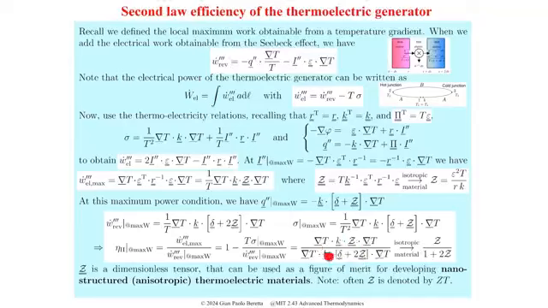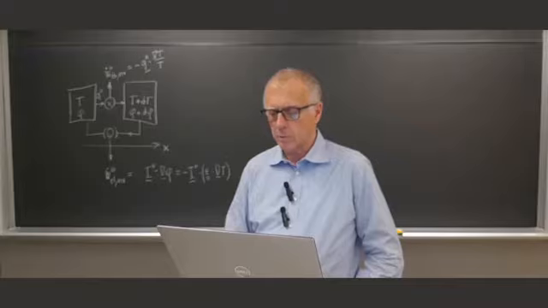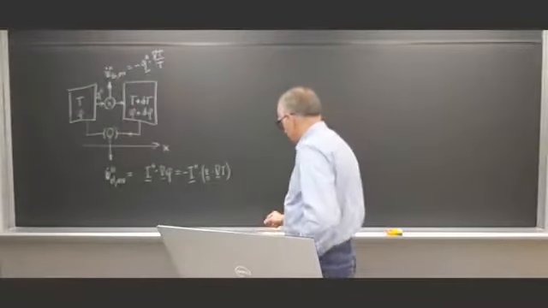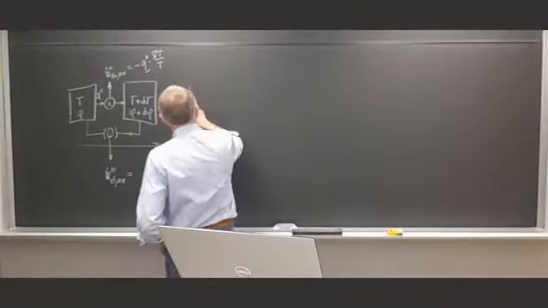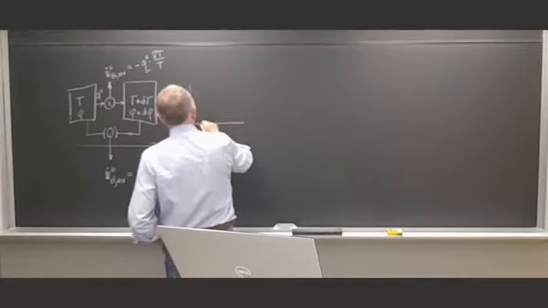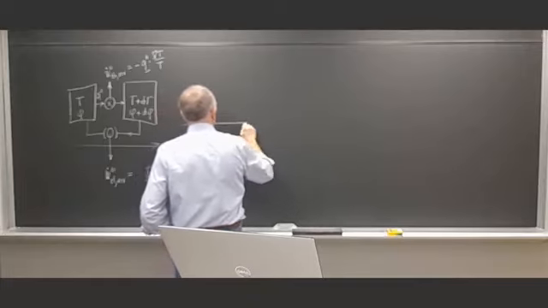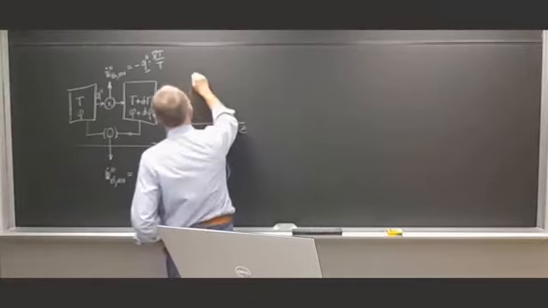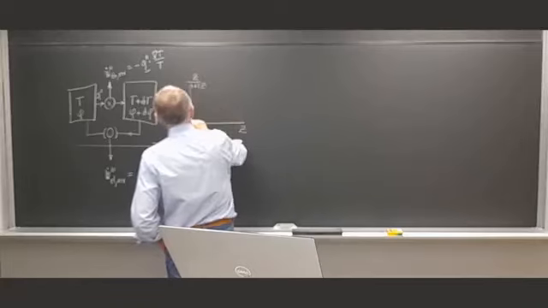And this is the generalized expression for that efficiency, which for the isotropic material becomes this one: the figure of merit divided by 1 plus 2z. And if you look at this function, Z divided by 1 plus 2z, well, it's a function that, of course, is 0 at 0.